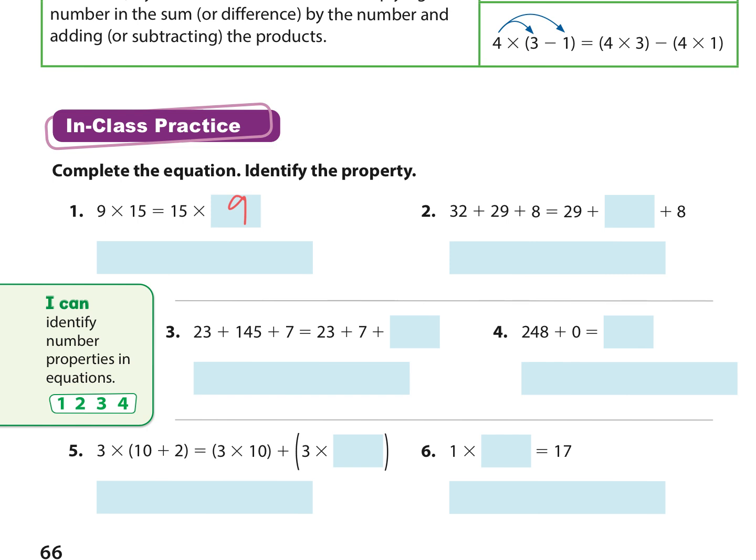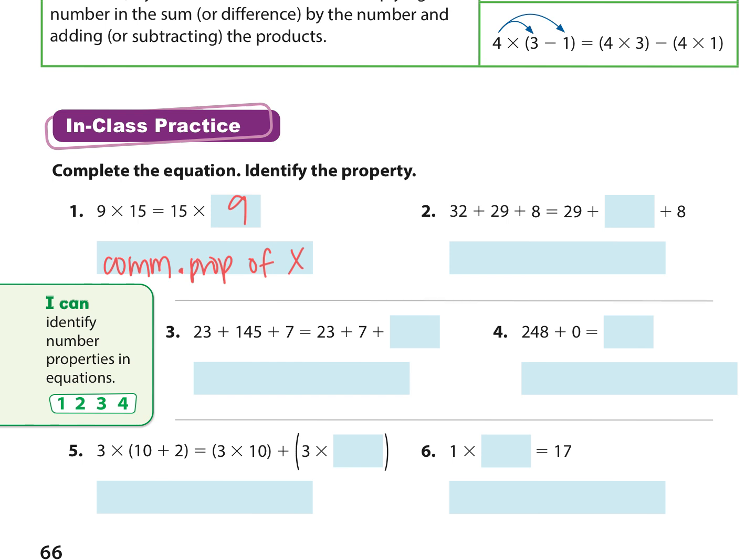Looking at that chart that we just went over, would that be commutative, associative, addition property, multiplication property, or distributive property? All I'm doing is changing the order. Commutative, very good. So I'm going to write commutative, and I'm going to actually abbreviate. Commutative property of multiplication.